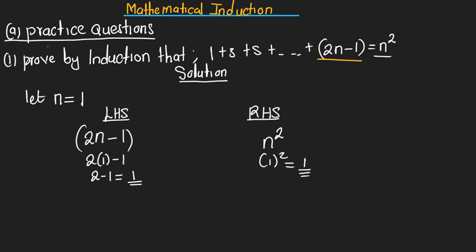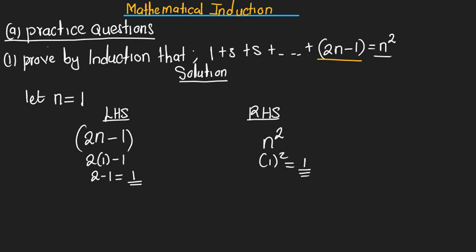So is the left hand side and the right hand side the same? Yes, they are the same. When you reach this stage and discover that they are the same, it's telling you that you need to proceed and prove the last part.